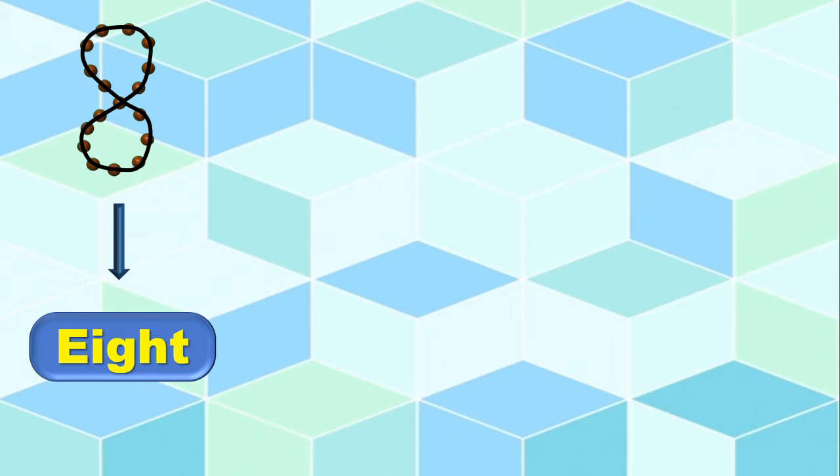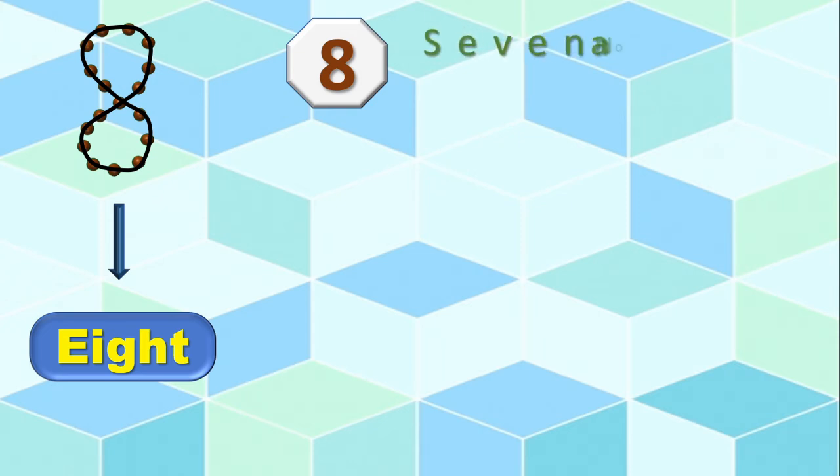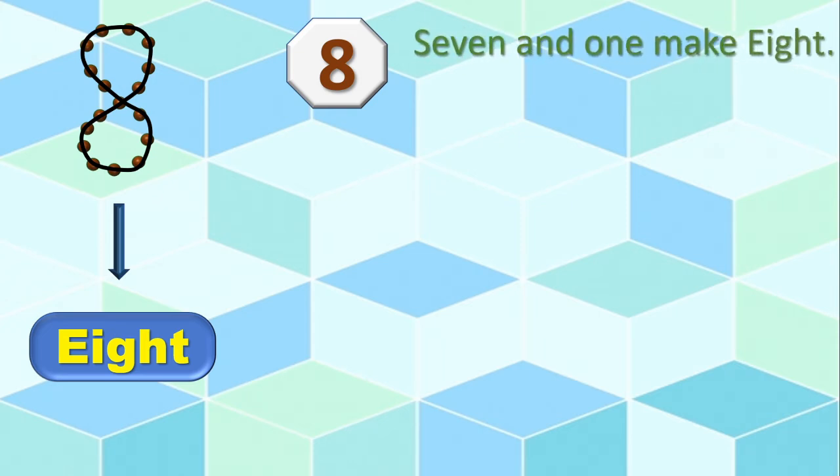Okay. Now we will trace. Got this? The spelling for 8 is E-I-G-H-T. 8. The number is 8. We write like this. Okay. Here 7 and 1 makes 8.